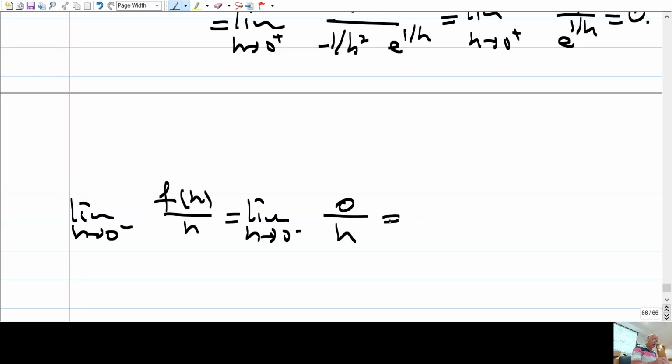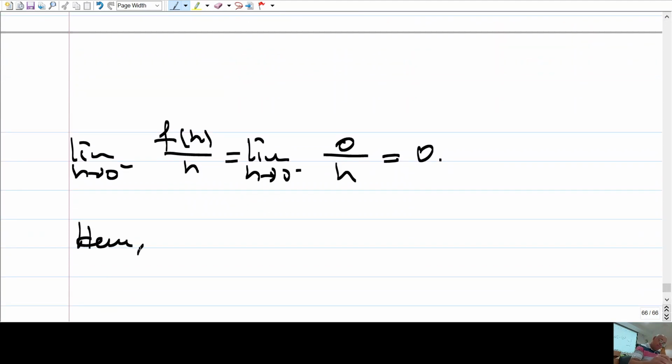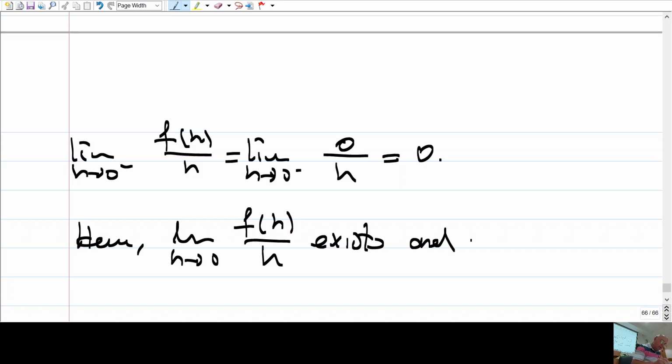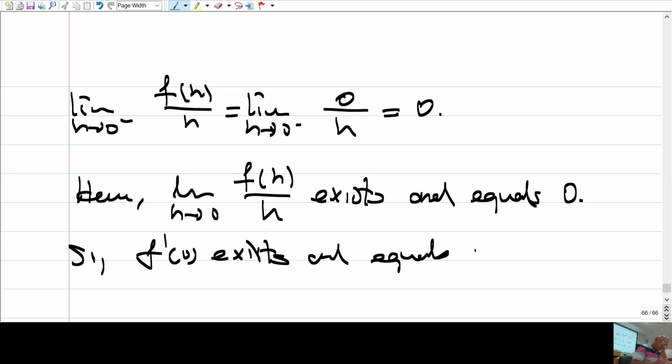So this is just 0. Therefore, this limit is 0. So left and right limits both equal 0. Hence, the limit as h goes to 0 of f of h over h exists and equals 0. So f prime 0 exists and equals 0. So the derivative exists.